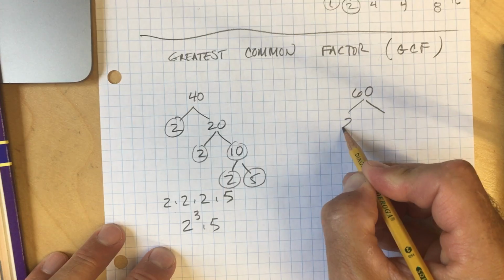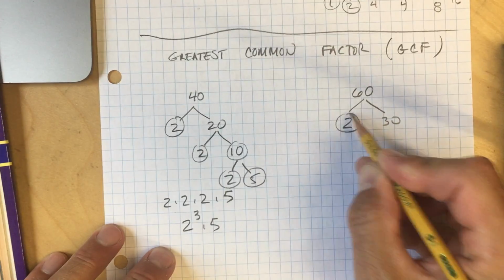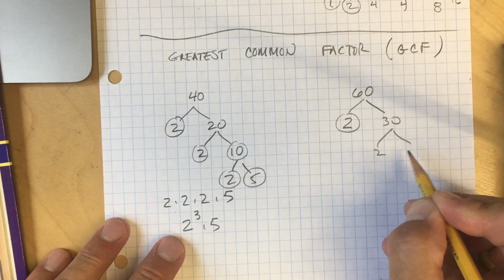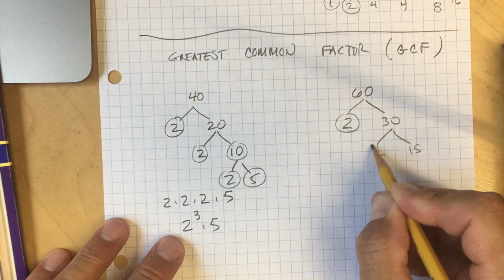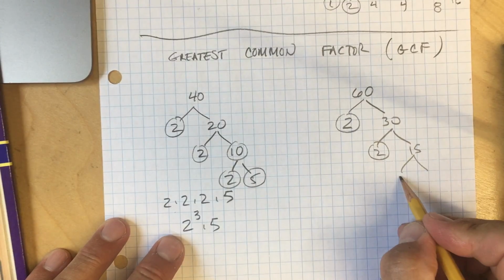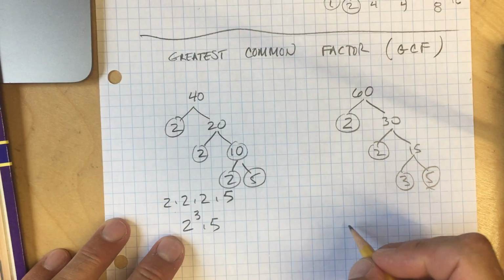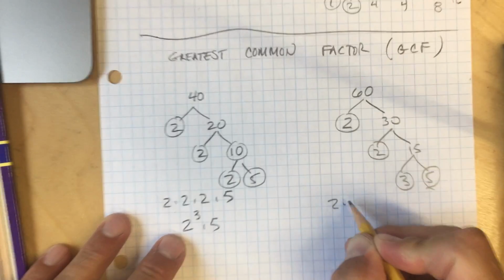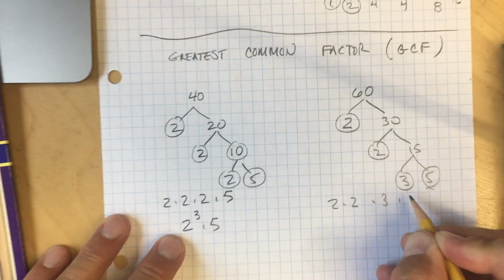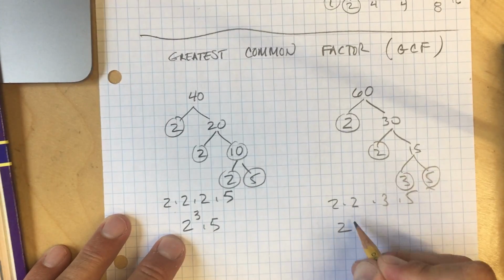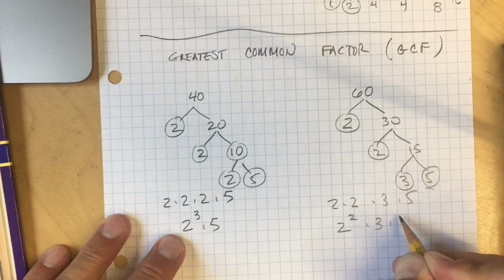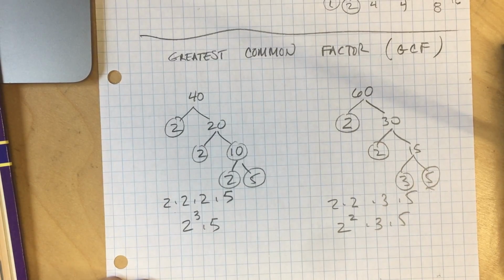Well, we have 2 and 30. We have 2 and 15. We have 3 and 5. Those are all primes. So this is the same as 2 times 2 times 3 times 5, or 2 squared times 3 times 5. Okay?